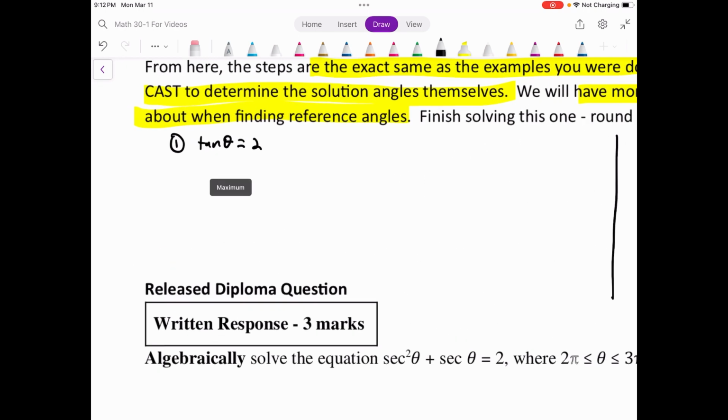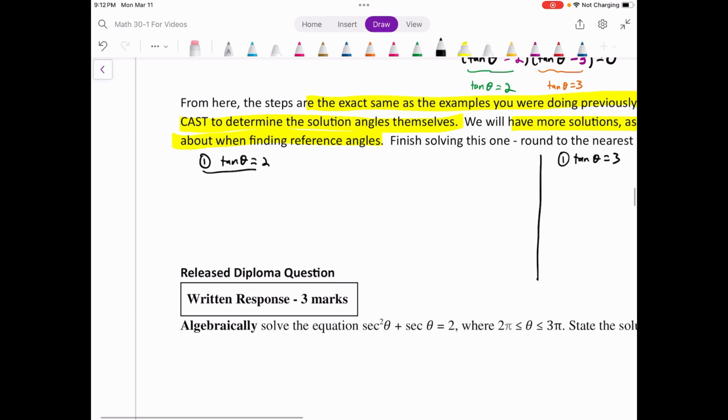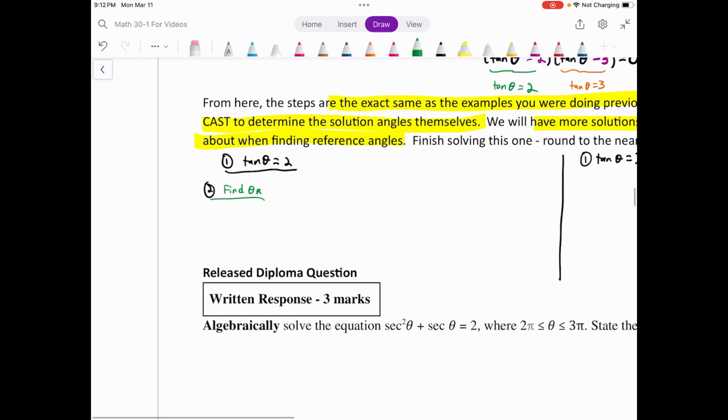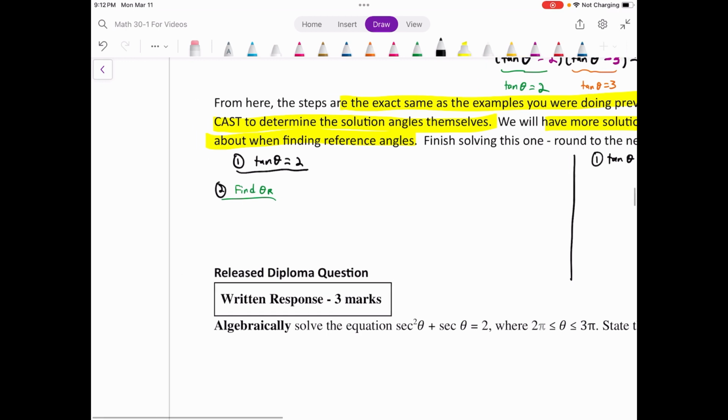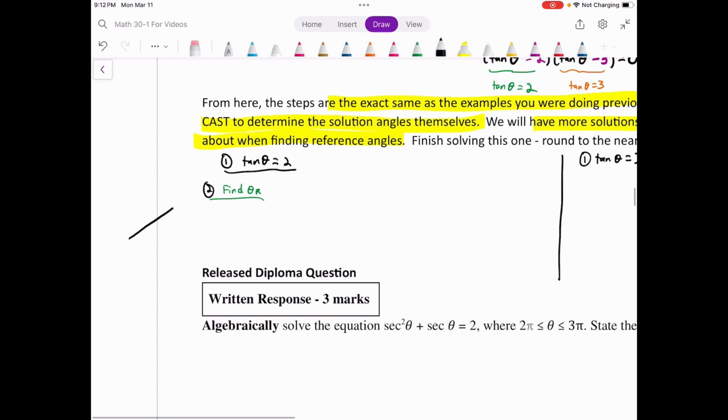All right, let's jump in. So if tan theta is 2, let's jump right into step 2 and get our reference angle. We want to know what angle's reference angle would give us a tan ratio of 2. I mean, we can draw it out to check if it's a special one. I don't think it actually is, though, is it?